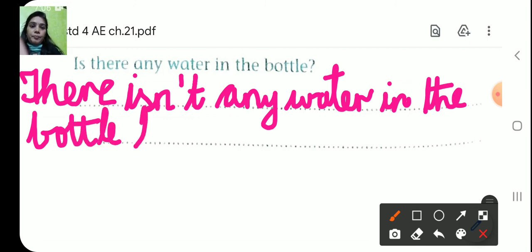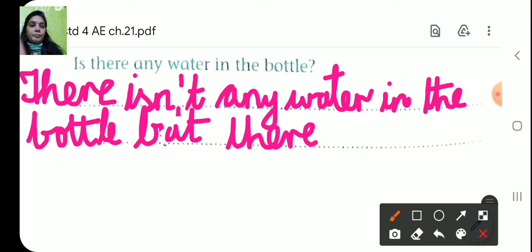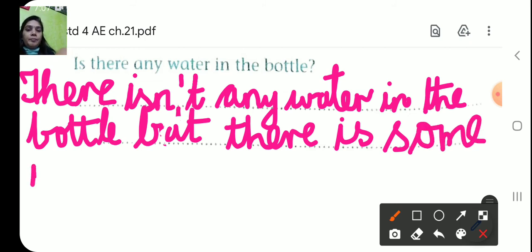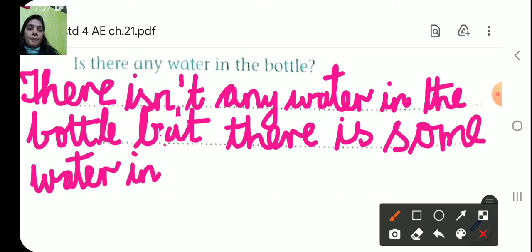but there is some water in the glass. But there is some water in the glass.